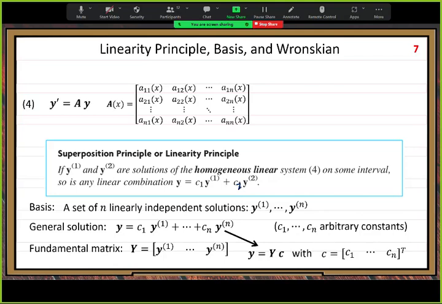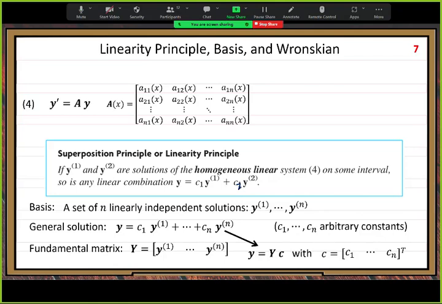So the general solution can be represented in this compact way. Sometimes we may need it.